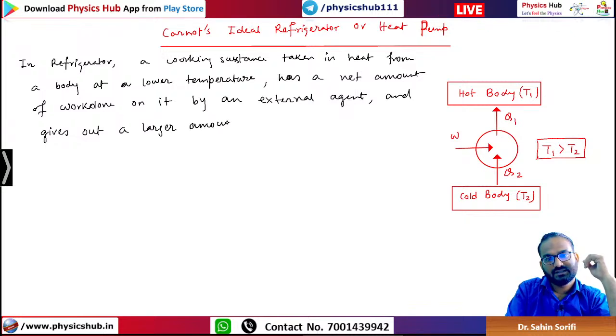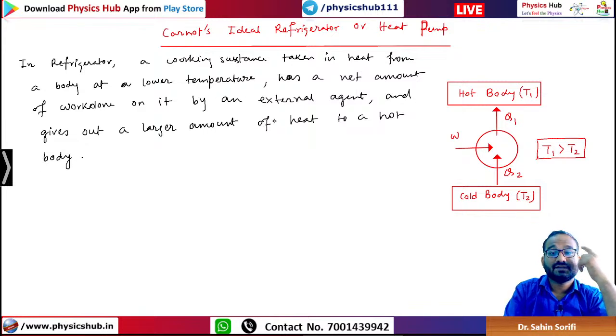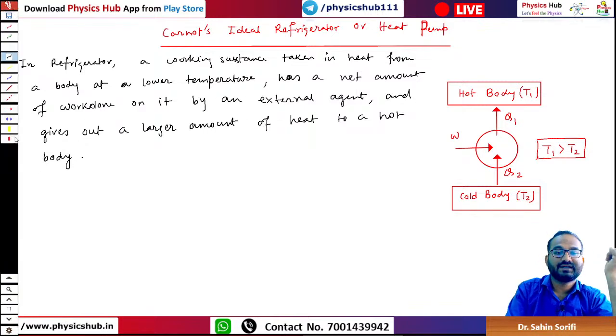Heat and energy are interconvertible. It gives out a larger amount of heat to a hot body. And here the working substance is called refrigerant.